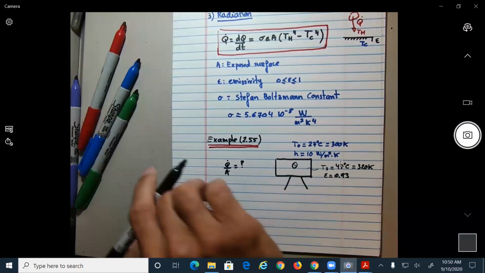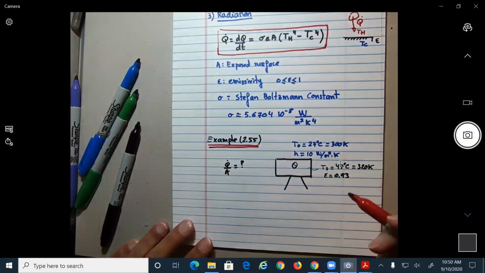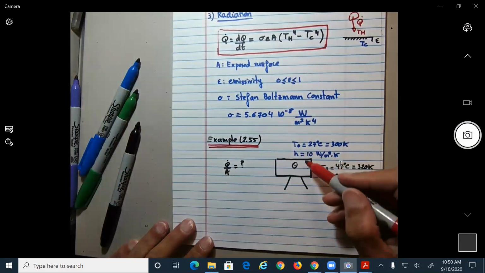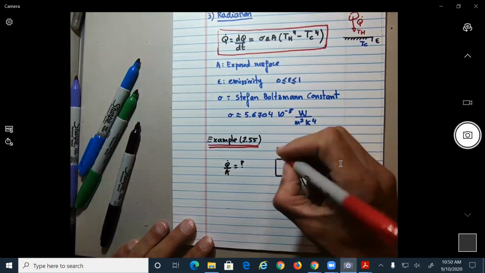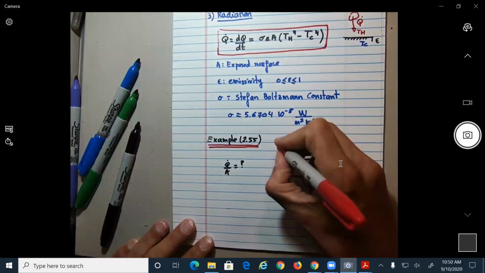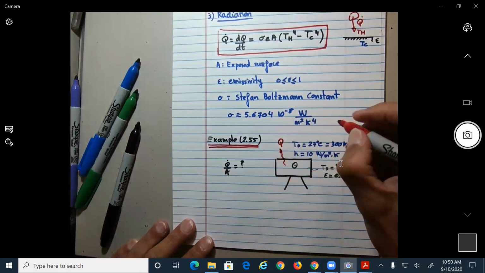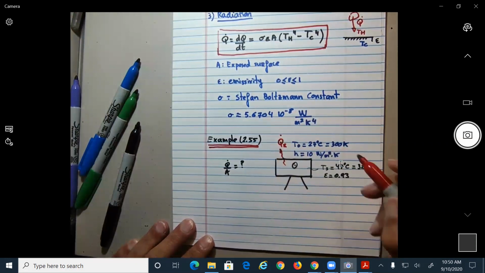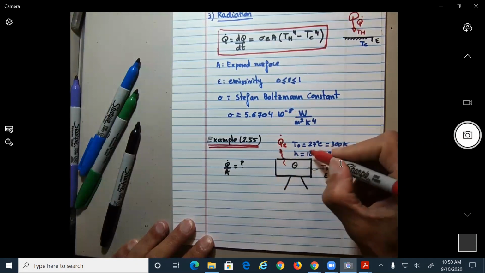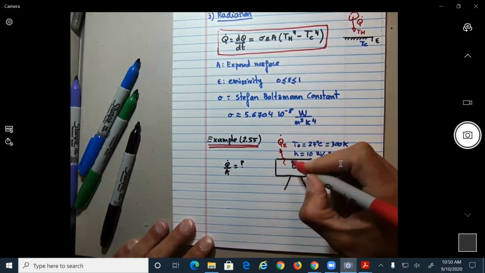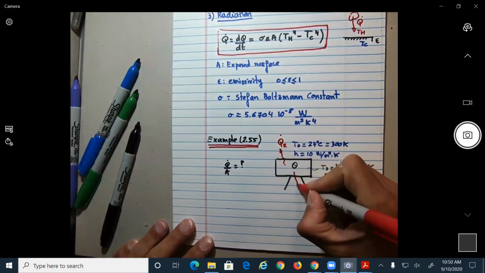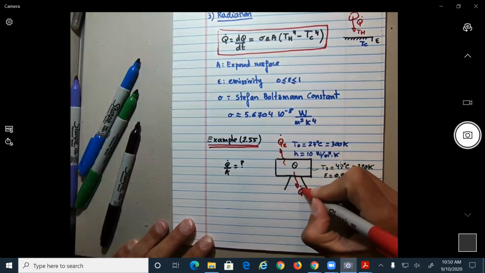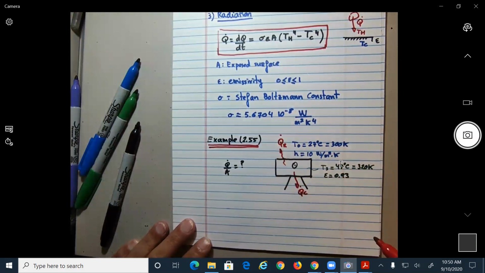is very simple. The total heat transfer, so the total amount of heat this is losing to the surrounding, will be equal to what? You will have a Q that will be leaving by radiation, no? And then you'll have another Q, which is due to the air flowing around the barbecue, that will be coming out due to convection, okay?